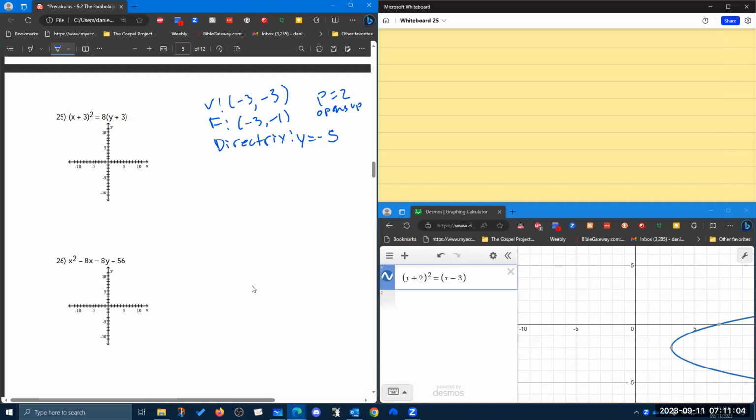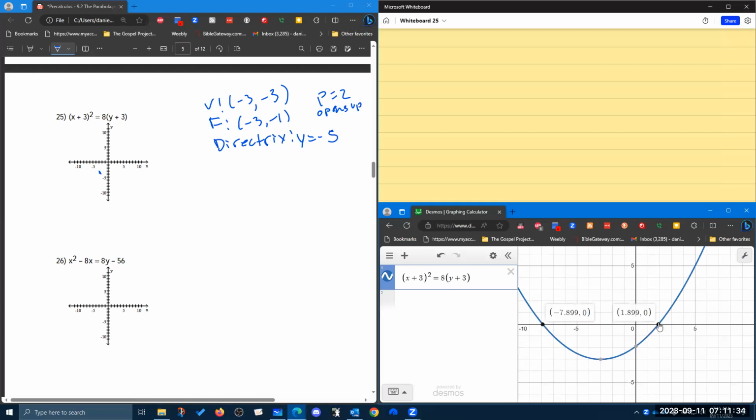And we're going to graph this (-3, -3). It's going to be (x + 3)² = 8(y + 3).